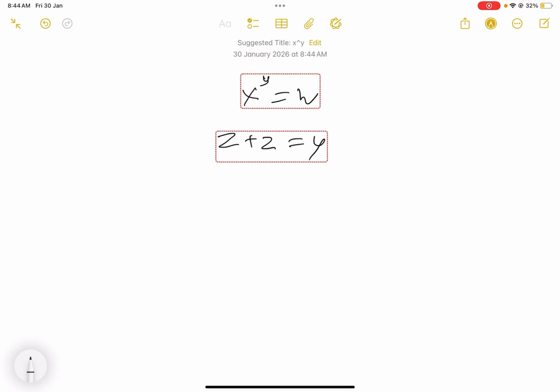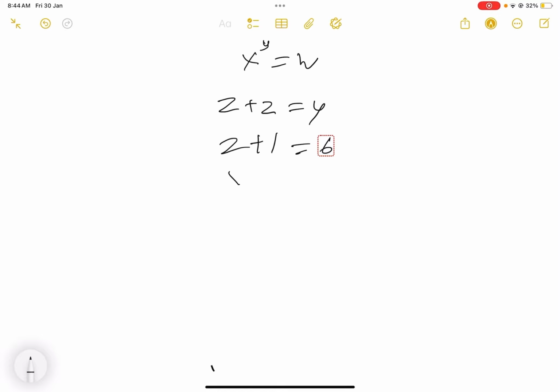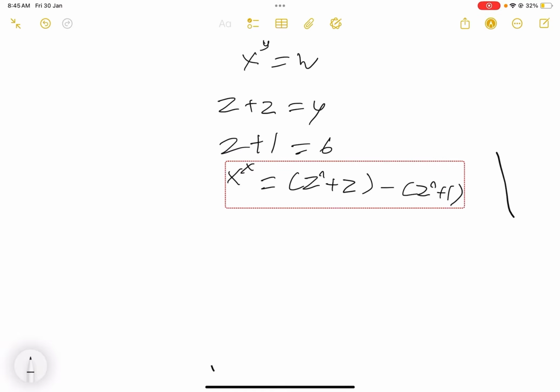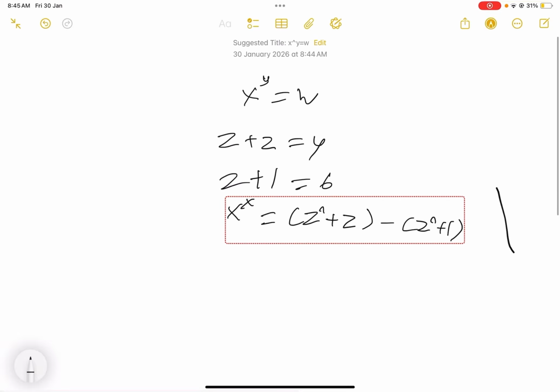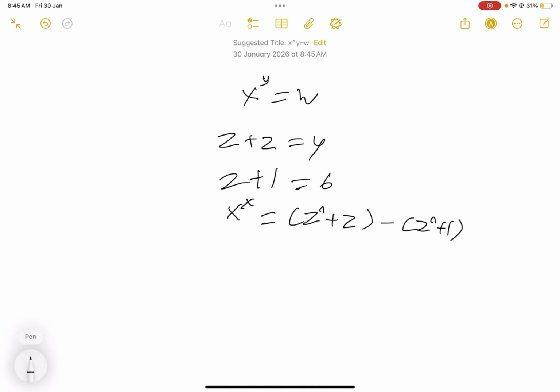It's actually a problem that I made myself, and z plus 1 is equal to 6, and x to the x is equal to z to the n plus z minus z to the n plus 1. Remember, n stays constant here. And then we have this. How do we solve this?